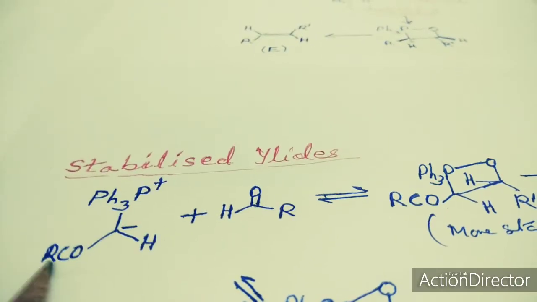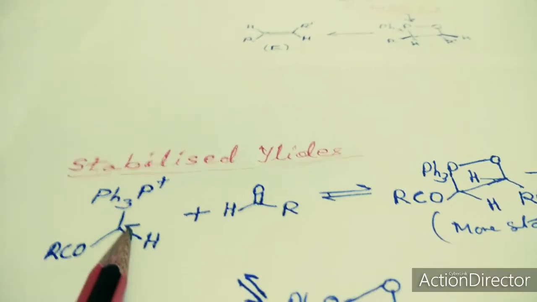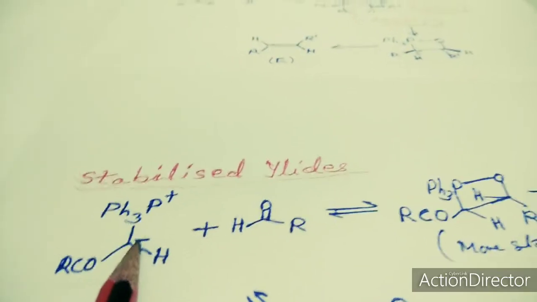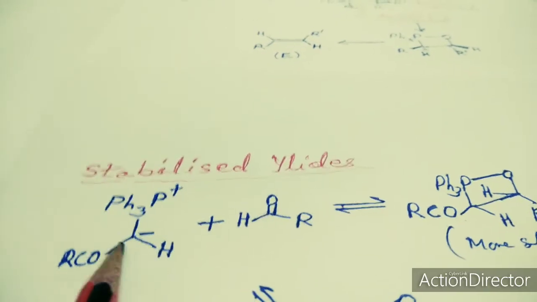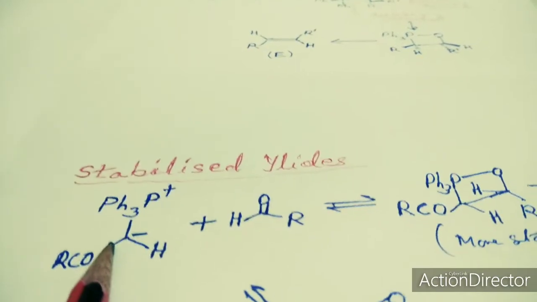Because it is electron pulling, it tends to stabilize this negative charge. That is the only reason why this ylide is known as stabilized.